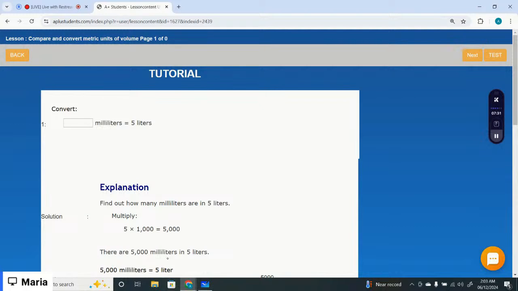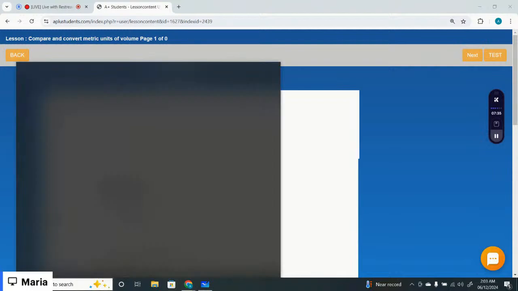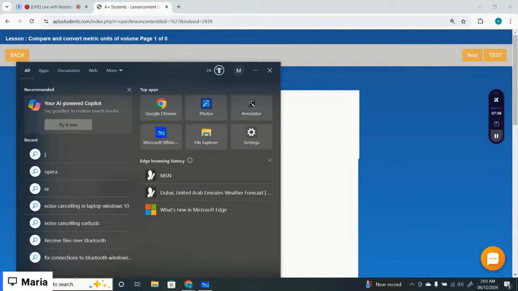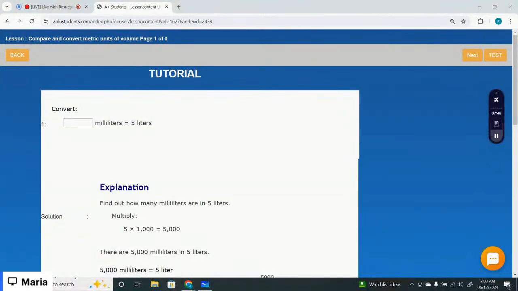1 liter equal 1000 milliliters. This is the basic conversion. You can note down the basic conversion unit. They are very important.